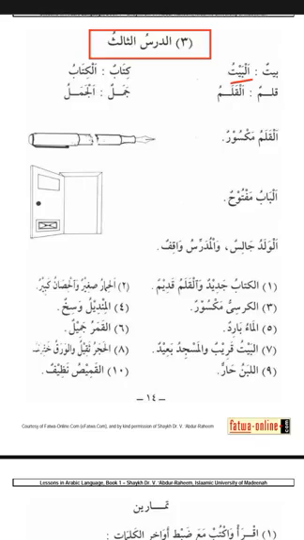For indefinite noun, such as baytun, it points to a noun that is not known per se. It is noted with the article a or an. A house, baytun, a house. It doesn't indicate a particular house.